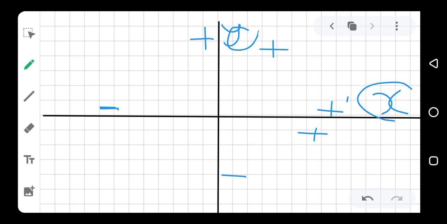Now this place is negative for x and negative for y. That means that your positive values for y will be plotted here. Your negative values for y will be plotted here. Positive values for x will be plotted here, and negative values for x will be plotted here.